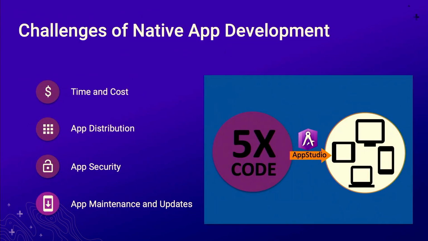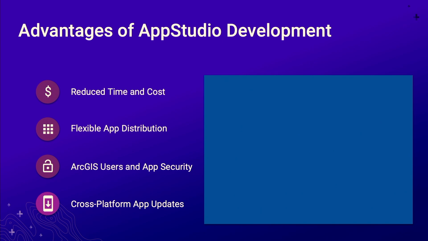So kind of to recap, we talked earlier about the challenges of native app development, the time and cost, the distribution challenges, security, maintenance and updates. Well, we really focus with AppStudio to take all these challenges and turn them into advantages of AppStudio development. So reducing the time and cost, reducing the number of developers it takes to create an app and to deploy it. Having that flexible app distribution model and methods with AppStudio Player.